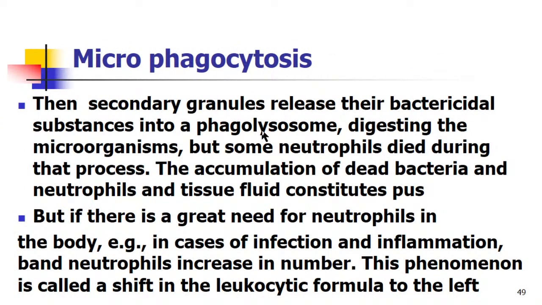Then secondary granules release their bactericidal substances into the phagosome, digesting the microorganisms, but some neutrophils die during that process. The accumulation of dead bacteria and neutrophils in tissue fluid forms pus. There is a great need for neutrophils in the body in cases of infection and inflammation. Band neutrophils increase in number at the beginning of inflammation. This phenomenon is called a shift of the leukocytic formula to the left.